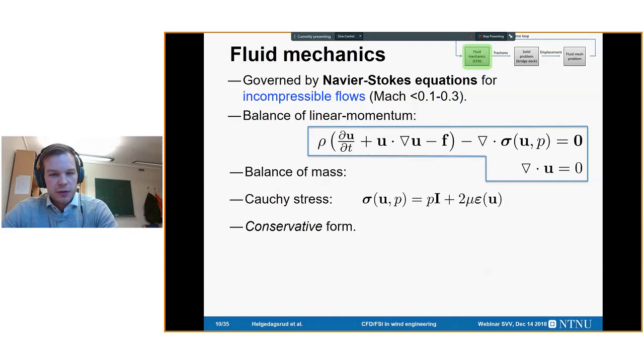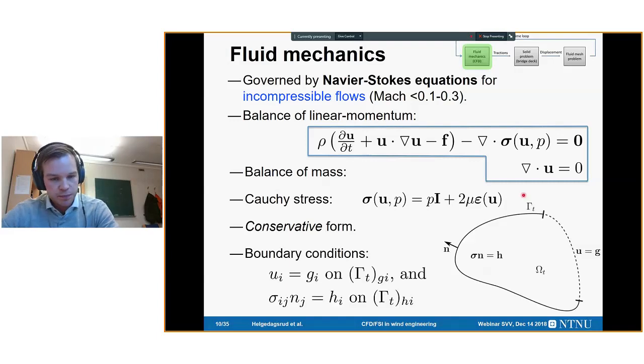The last thing we need to complete the statement of the fluid is the boundary conditions. If you have a fluid mechanics domain omega and the boundary gamma, we can specify the velocity on parts of the boundaries, like for example the inflow, or we can have some Neumann type tractions specified. Specify the pressures, for example.